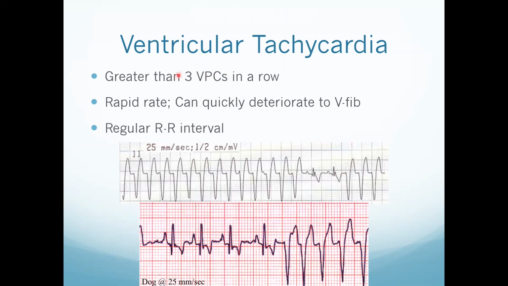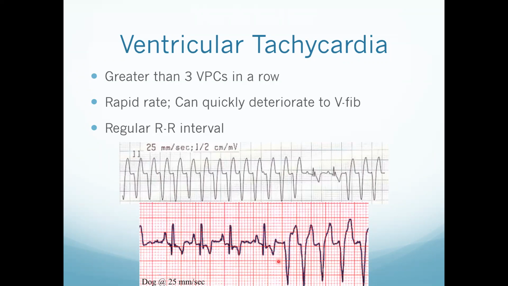Again, we'll apply the term tachycardia when we have 3 or more VPCs in a row. It's going to be rapid and regular. So this is what differentiates it from atrial fibrillation, is that ventricular tachycardia is going to be really, really regular. And it's going to have a wide-bizarre complex, which is either going to be positive or negative depending on which ventricle it's coming from.